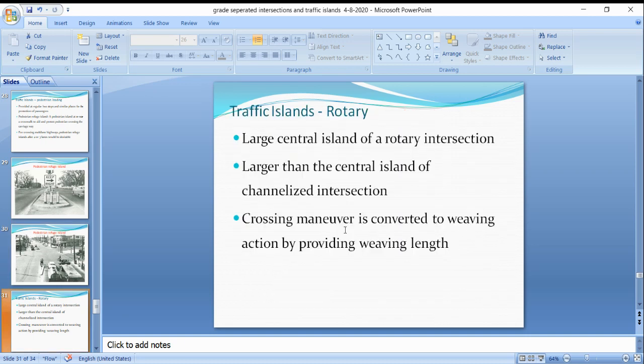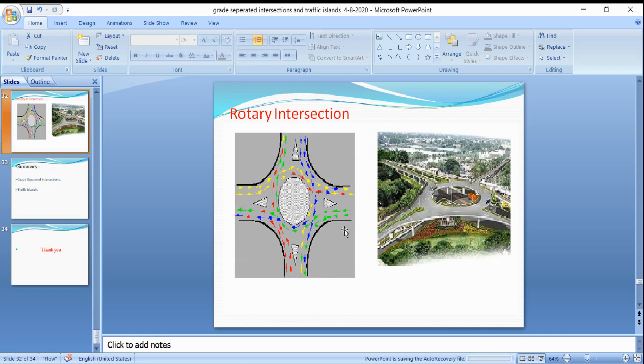Next come traffic islands, that is, about the rotary. Large central islands are required for a rotary intersection, larger than the central island of a channelized intersection. The crossing maneuver is converted to a weaving action by providing the weaving length. Here we can see the rotary intersection in a circle form.